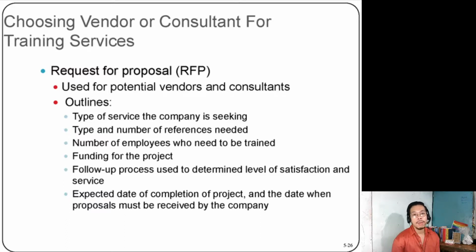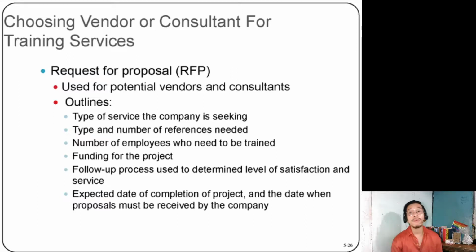It is used for potential vendors and consultants. It includes the type of service the company is seeking, the number of references needed, and so on. So this is like a report that will be sent to the vendors or the consultants who'll be doing the training.